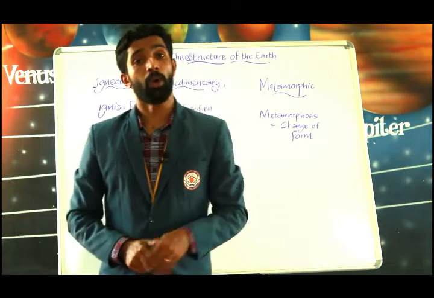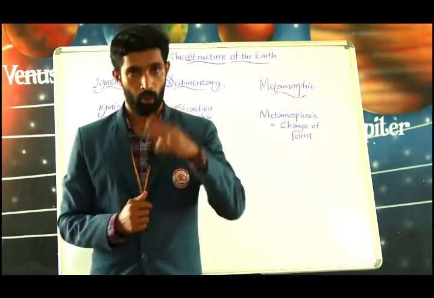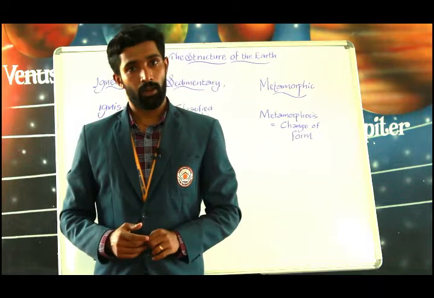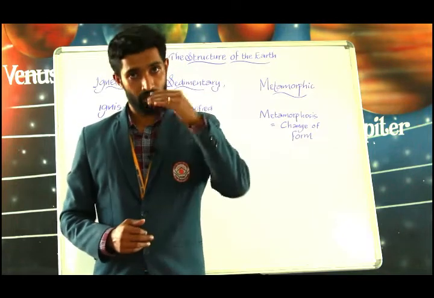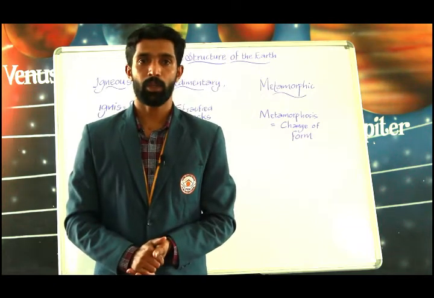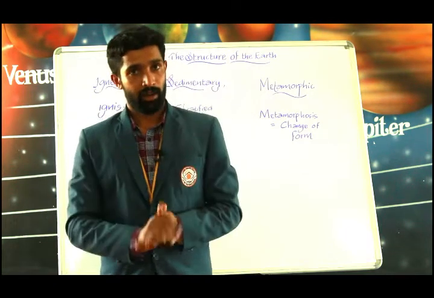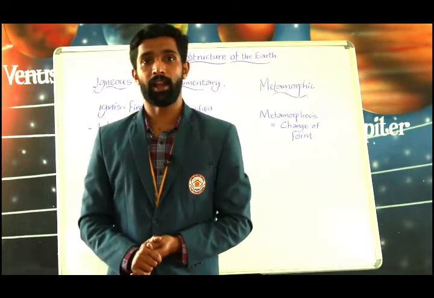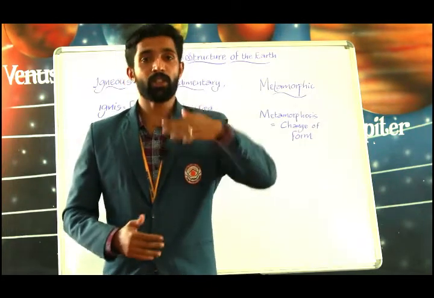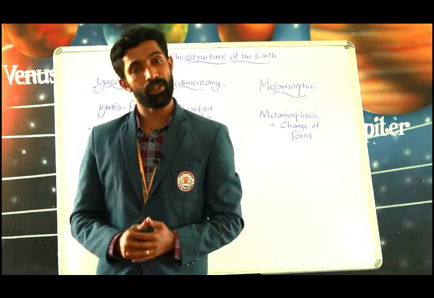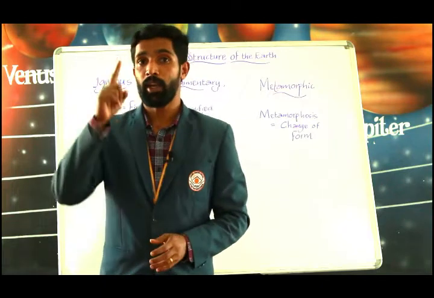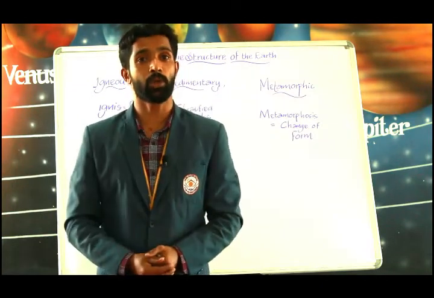So cooling or solidification of molten magma either inside the earth or on the surface results in the formation of igneous rocks. They are hard and crystalline in nature. Magma below the surface of the earth cools down slowly and results in the formation of intrusive or plutonic rocks.